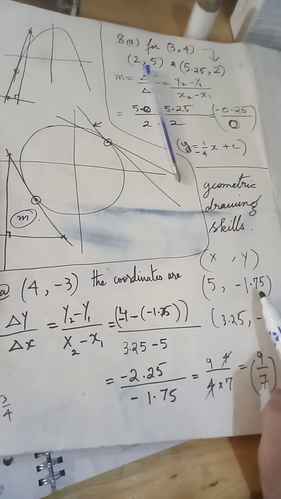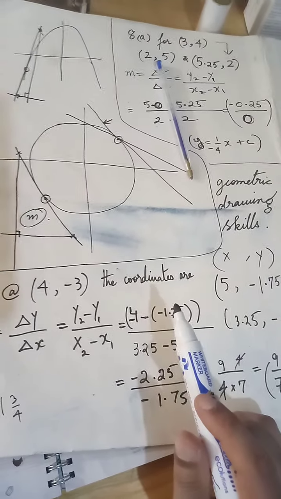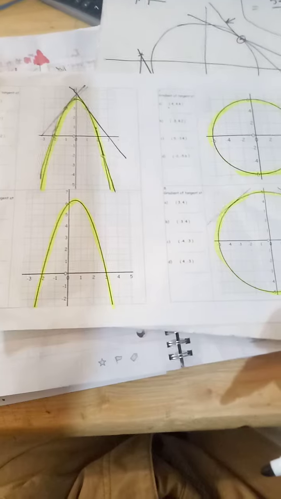So y2 minus y1, x2 minus x1. That's how things are. I hope you learned something today. I didn't do all the examples because of monotony and technical failure of my videography apparatus, but I hope you get the point.